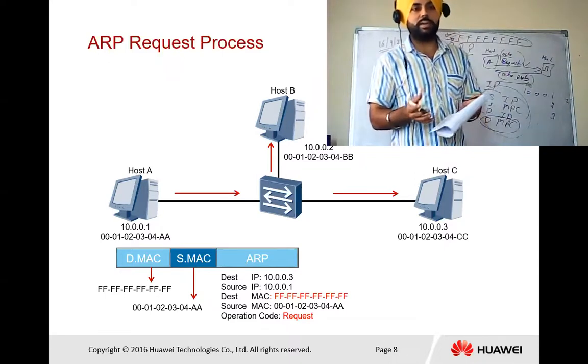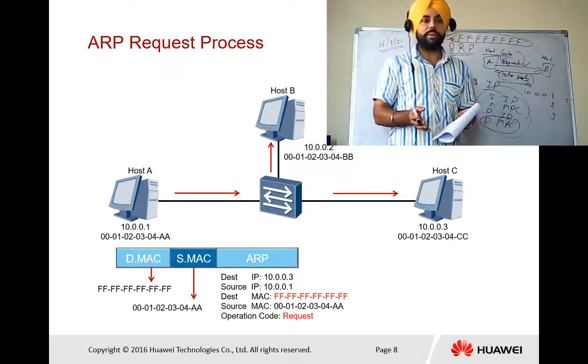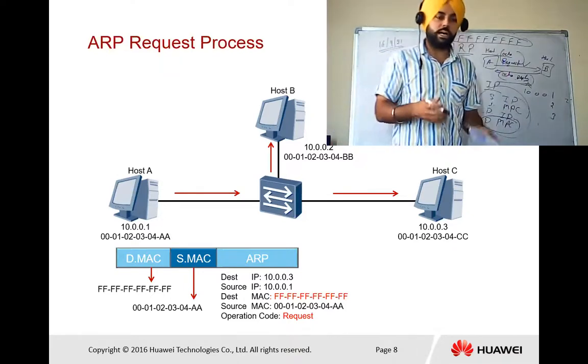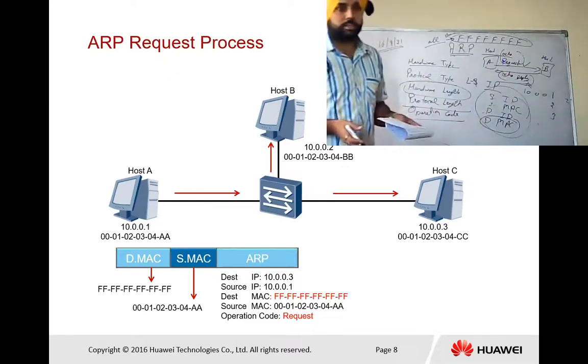Host B has an IP address ending with 2, but the packet's destination IP address is 3. That is why host B discards the packet. So this is the ARP request process.